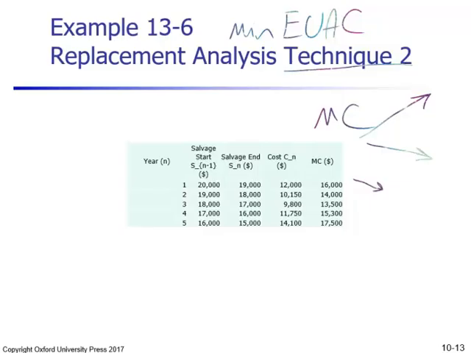For calculating minimum EUAC for the defender, we need to calculate EUAC for year 1, for year 2, for year 3, 4, 5, and see which one is the minimum. Okay, so that's what you need to do in the next step: calculation of EUAC for each of these years. If you know how to do it, good luck.